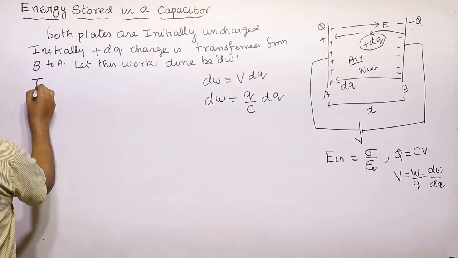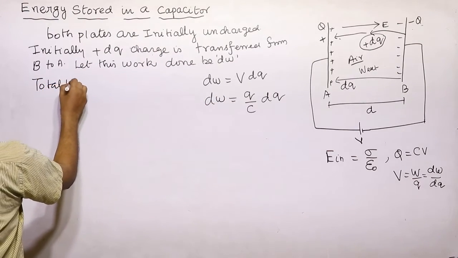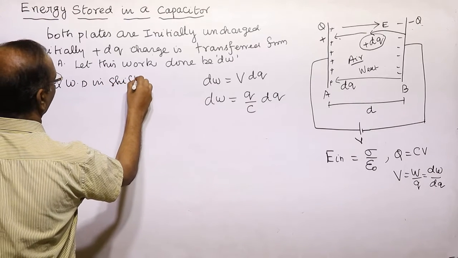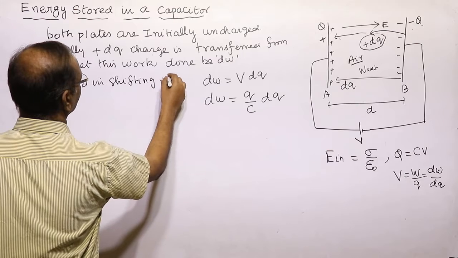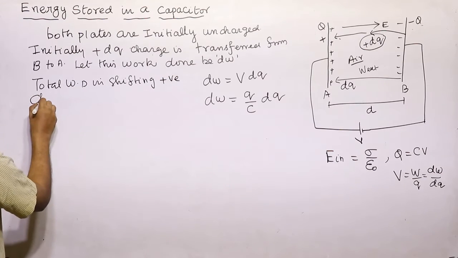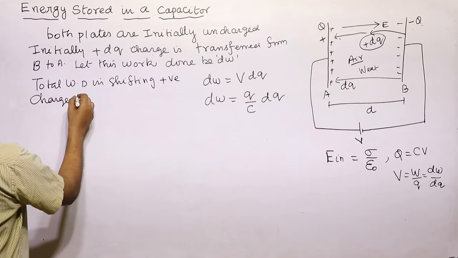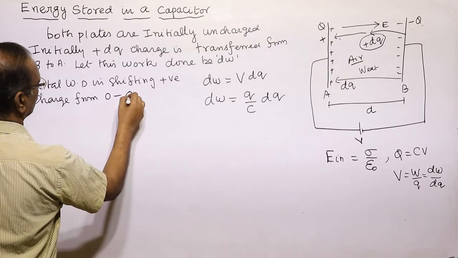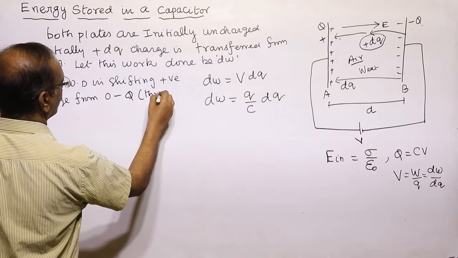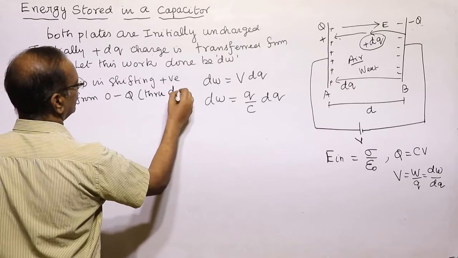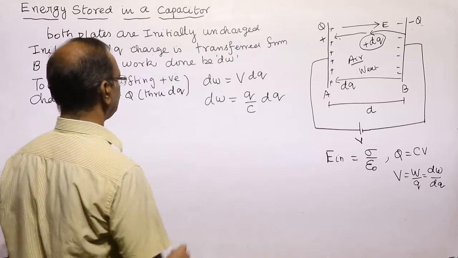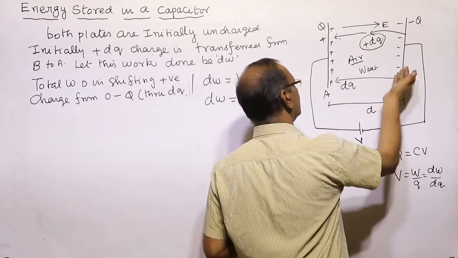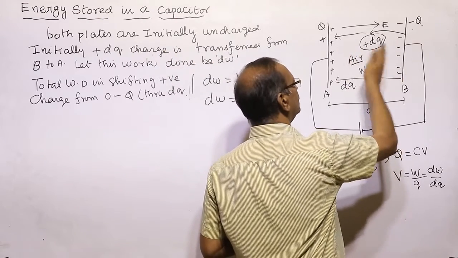The total work done in shifting positive charge from 0 to Q through dq: initially a dq charge is transferred, then again one more dq charge is transferred.